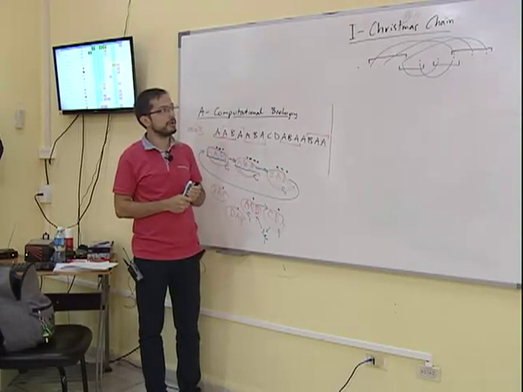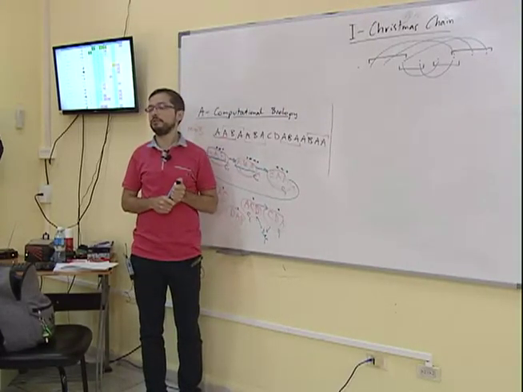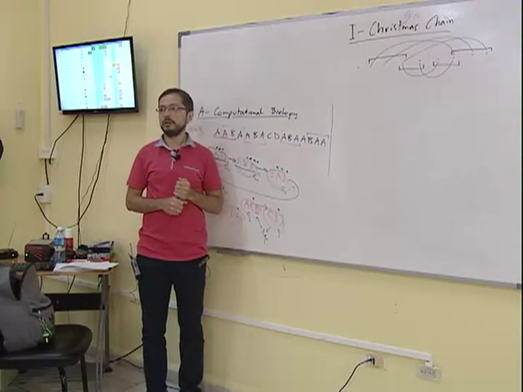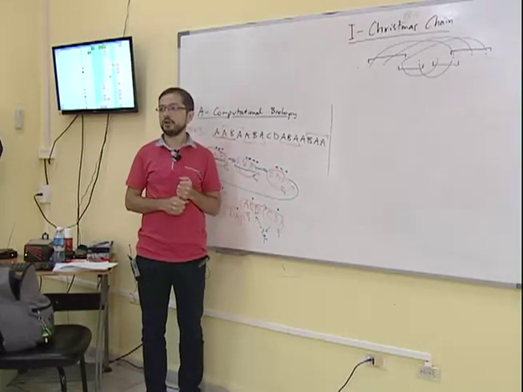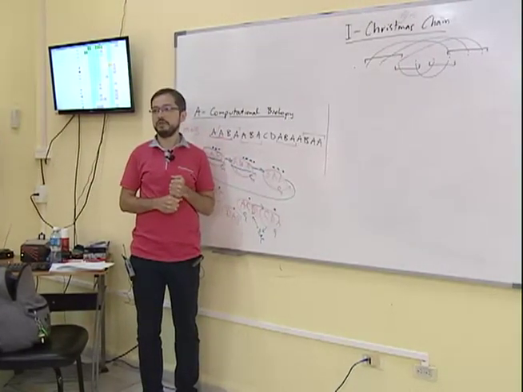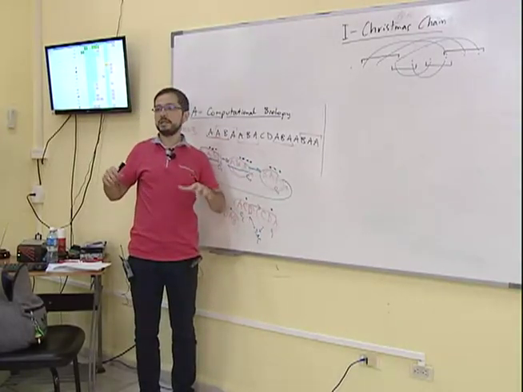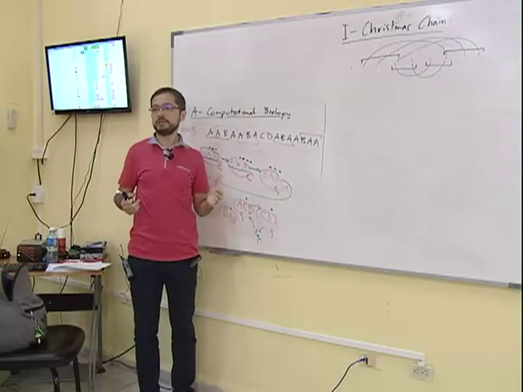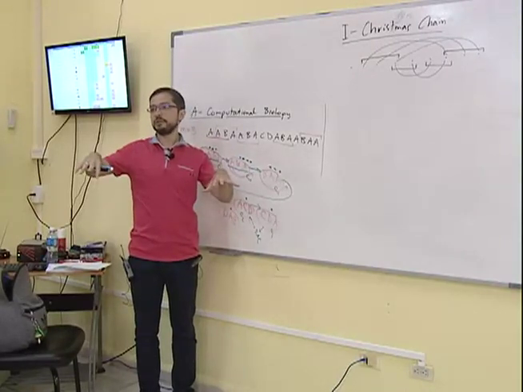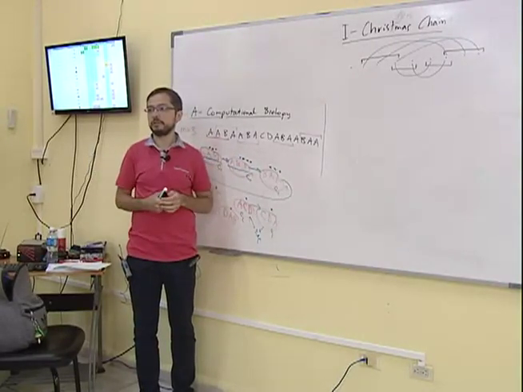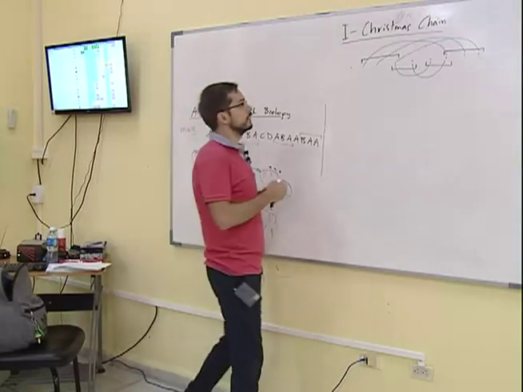Well, if you think about a connected component in this graph, it means that all the letters in the connected component must be the same. And since we are maximizing the number of letters, that means that for different components you can give different letters. So let's do that.